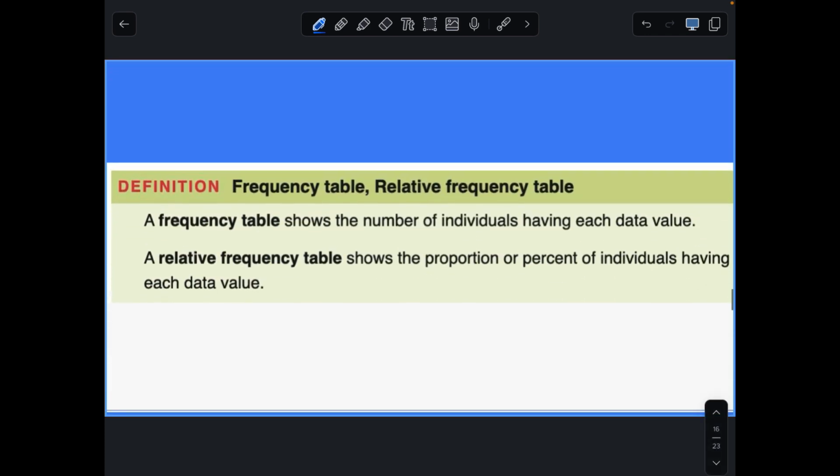When we create frequency and relative frequency tables, think frequency shows the number of individuals having each data value, and a relative frequency table shows the proportion or percent of individuals having each data value. So think frequency is the number, relative frequency is the percent or proportion.